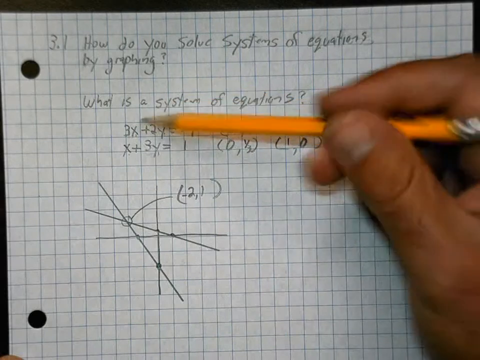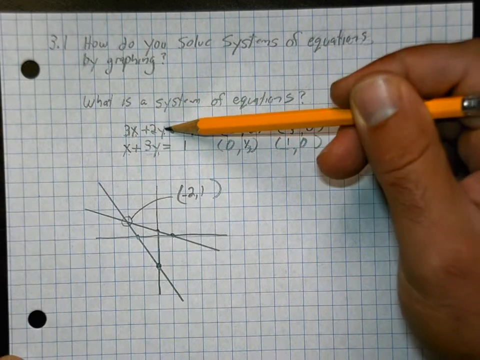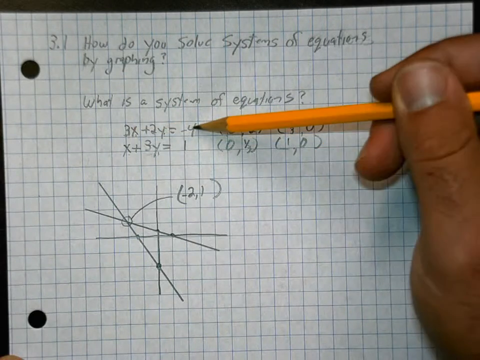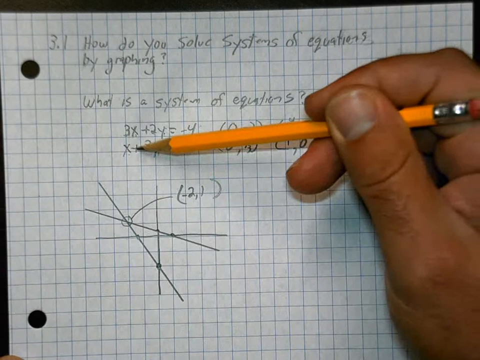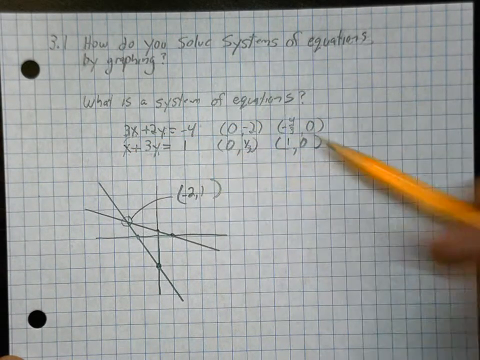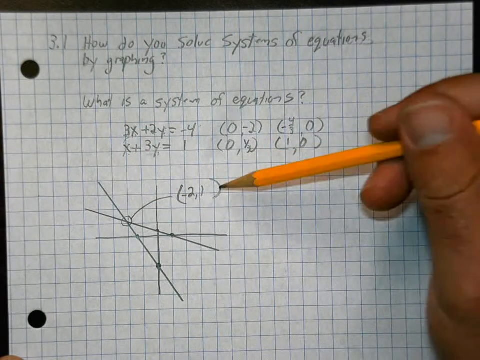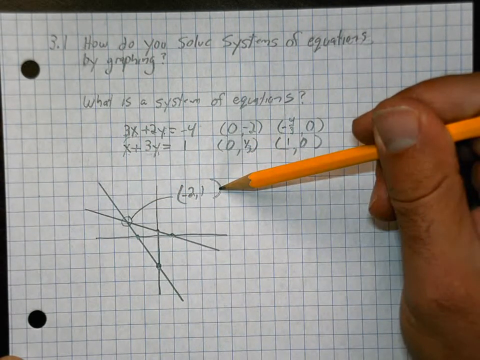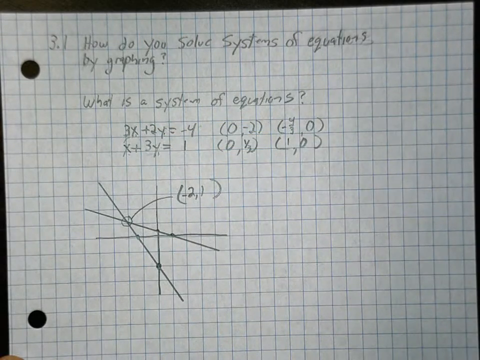It should work in both equations. 3 times negative 2 is negative 6. 2 times 1 is 2. Negative 6 plus 2 is negative 4. So that works there. Negative 2 here, and 3 times 1 is 3. So negative 2 plus 3 is 1. So this coordinate works in both equations. That's my solution to my system of equations. It's the only coordinate that'll work in both equations.